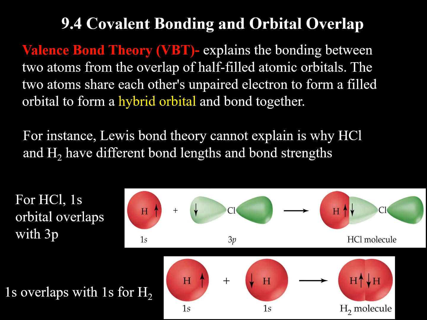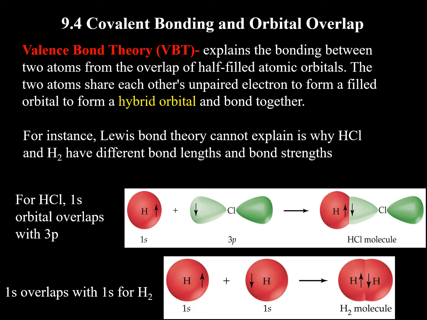So, valence bond theory explains the bonding between two atoms from overlap of half-filled orbitals. We've talked about Lewis structures in the past, which can explain bonding as well. We talked about valence shell electron pair repulsion, which explains the shapes based on electron repulsion. And now we introduce hybrid orbitals.